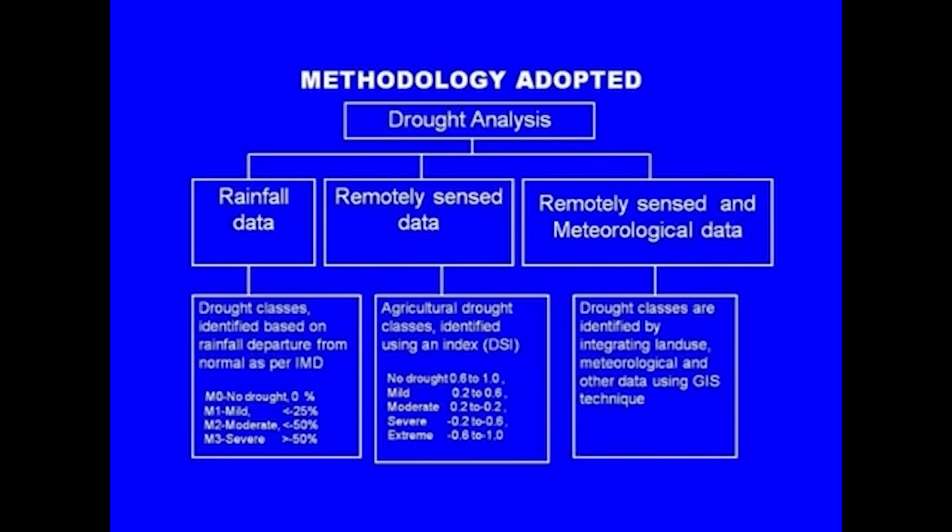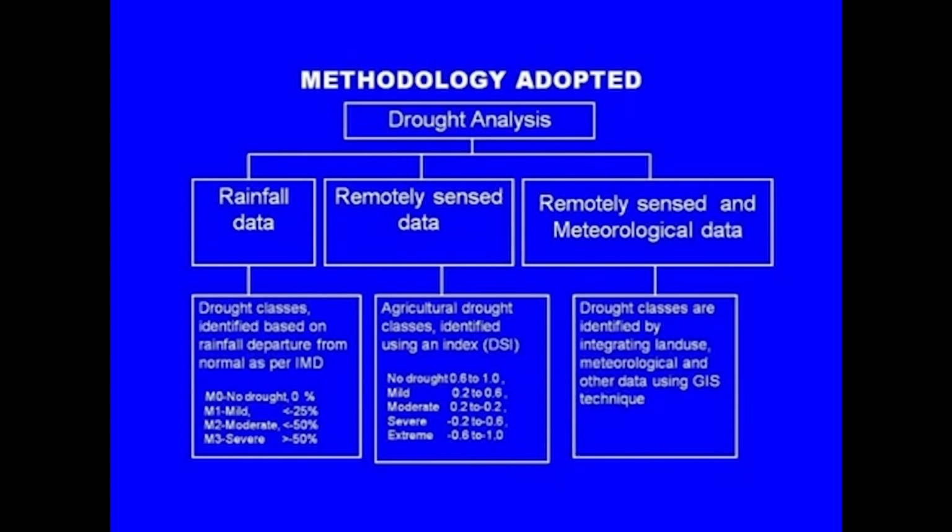Similarly, when we are using remote sensing data, using remote sensing analysis techniques such as finding out the NDVI and other indices, agricultural drought classes can be identified using a drought severity index, or in short DSI, and under this, if the value of DSI varies between 0.6 to 1, it is no drought condition.